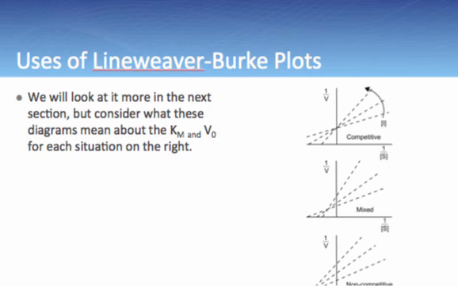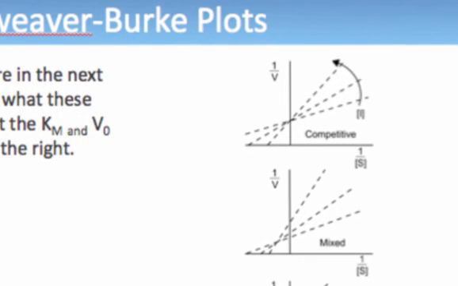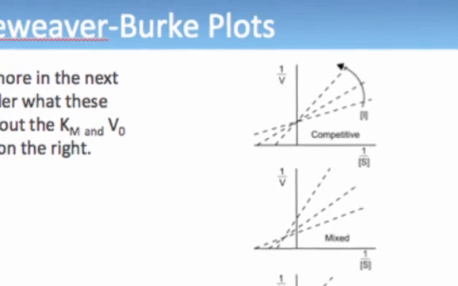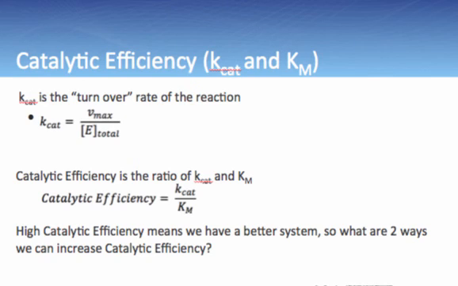This is actually going to change what we're seeing on the graph. And so what I want you guys to see over here on the right is that under different conditions, we're either changing an x-intercept, we're changing a y-intercept, or we're changing both. And so what does that mean for our Vmax and Km values? Just think about that so when we get into class, we can talk about it.